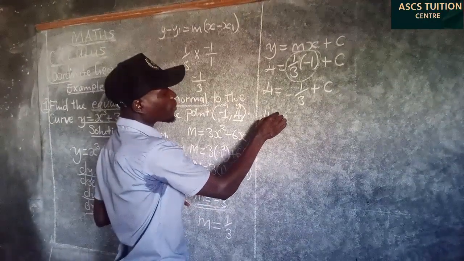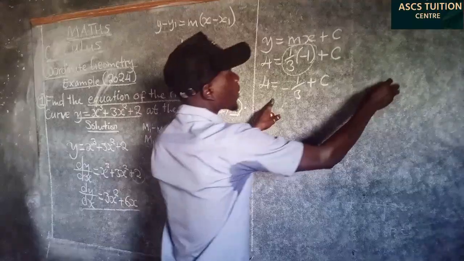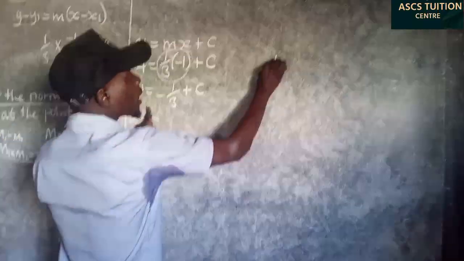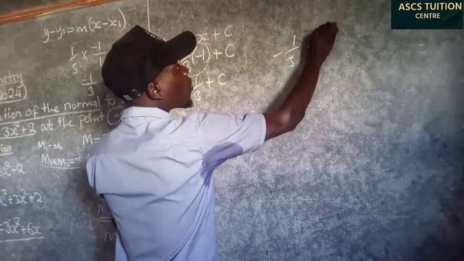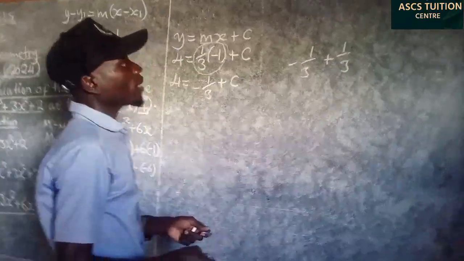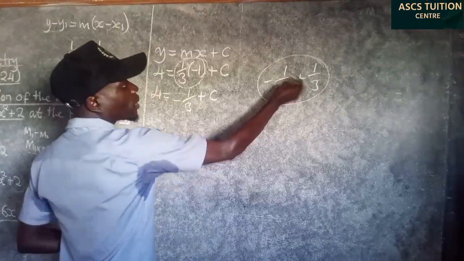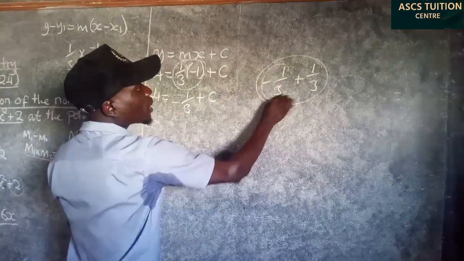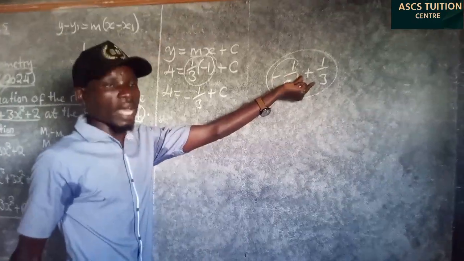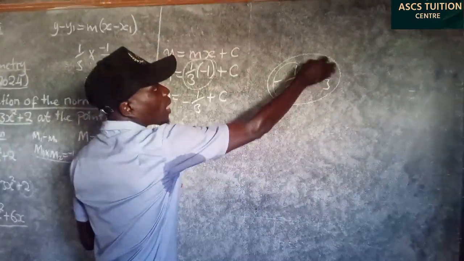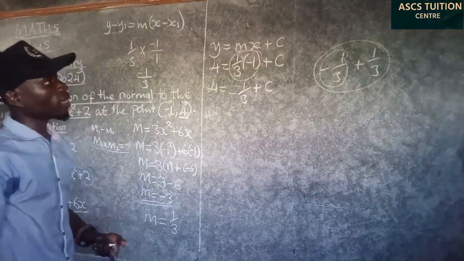So we say -1 over 3 plus 1 over 3, which is the additive inverse. When you look at this, they give us 0 because this has a negative sign and this one has a positive sign. So when you work this out, you find that the answer is 0. Are we together?